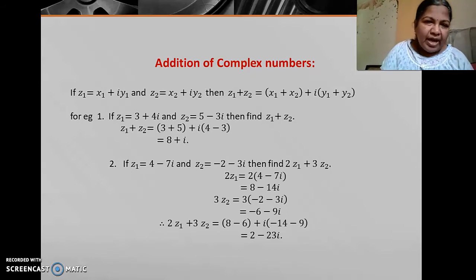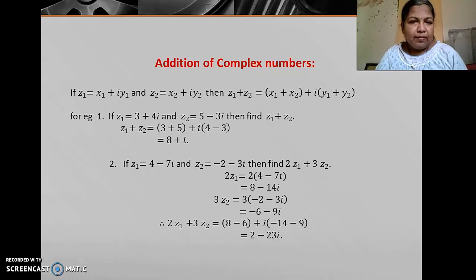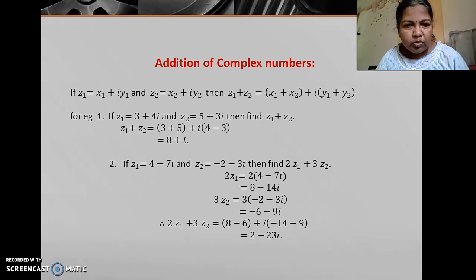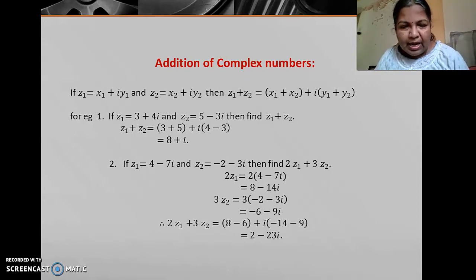Now for scalar multiplication of z1 and z2, we are finding 2z1 and 3z2 and adding them. We have to find 2z1 first, that is multiply both the real and imaginary values by 2. So 2z1 is 2 into z1, which is 4 minus 7i.